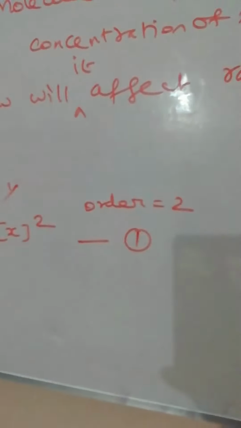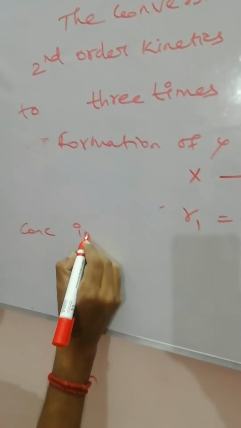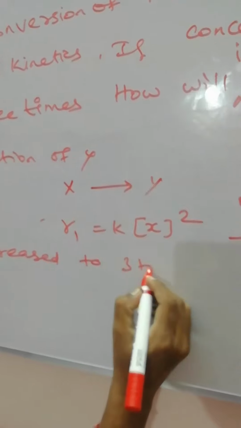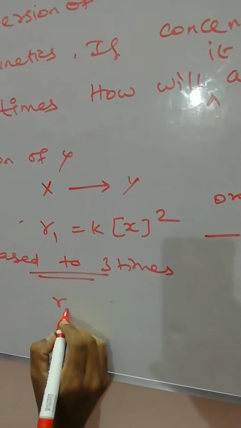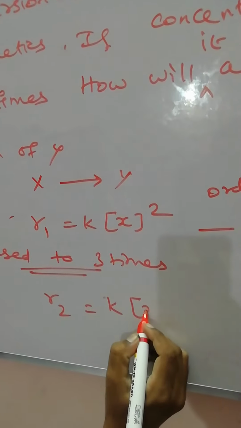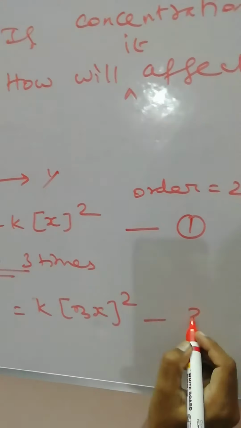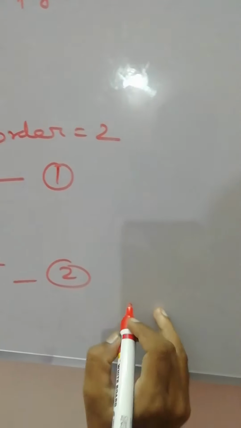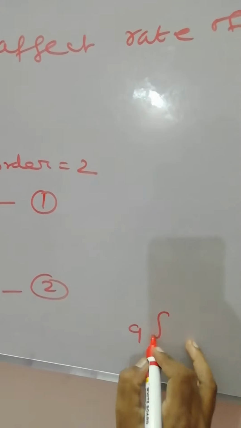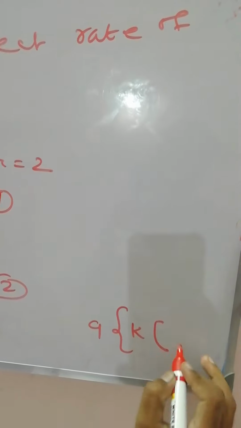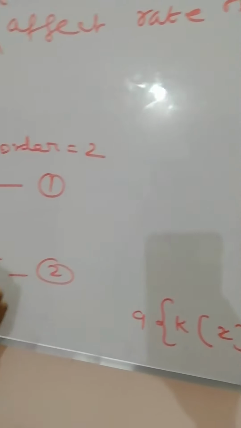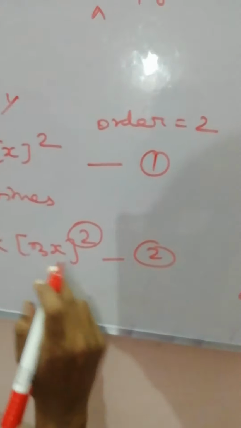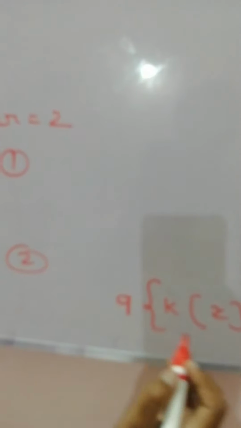Next, the concentration is increased 3 times. So R2 is equal to K into 3X the whole square. This is equation 2, right? I have to simplify it. The square is common for both 3 and X. 3 square is 9. So R2 is 9 into K into X square.